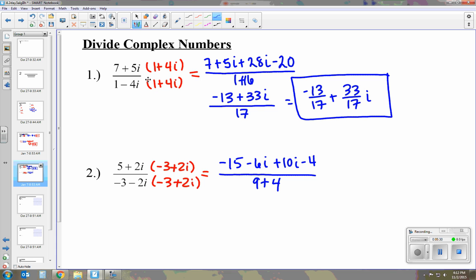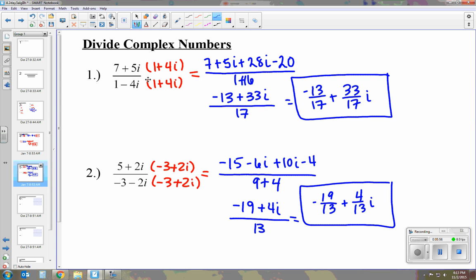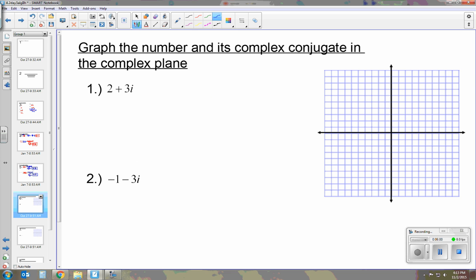Okay, so what we're going to have here is a negative 19 plus 4i all over 13, which gives us a negative 19 thirteenths plus 4 over 13i. So that's using our complex conjugate to rationalize the denominator of a fraction. Let's move on to graphing, okay?